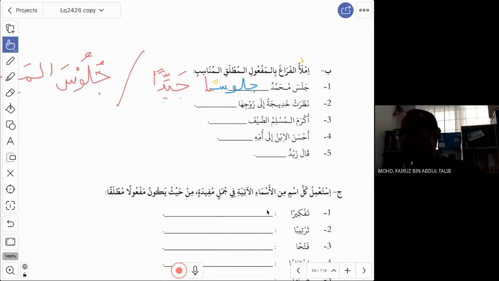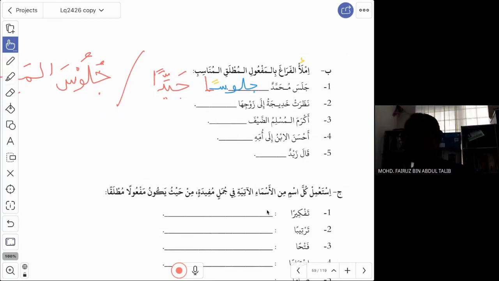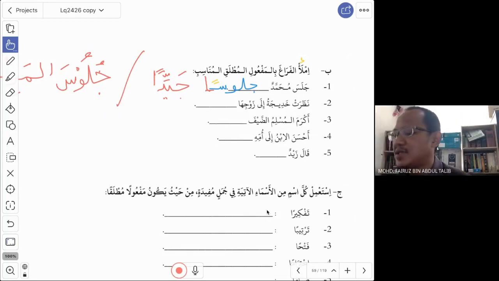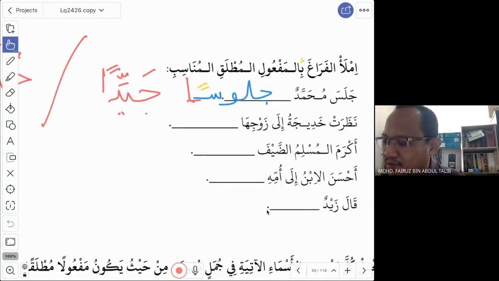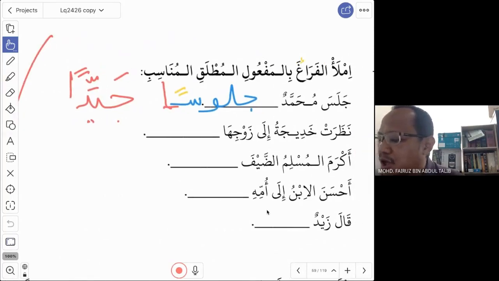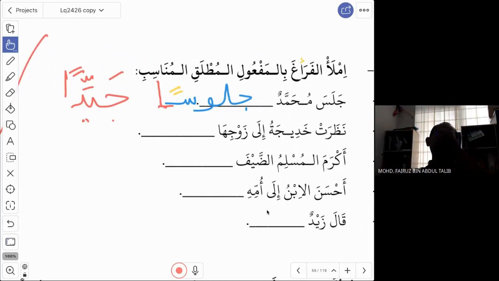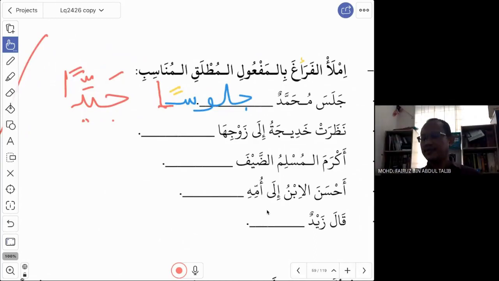Number 2. Nazarat Khadijatu ila zawjiha. Khadijah looked at her husband. Nazara. Okay, find the masdar. Nazara, yanzuru. Mudhari is yanzuru. What is the masdar? Again, this is 3-letter fi'il.